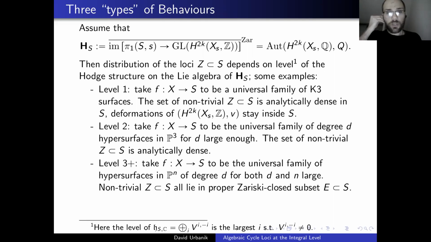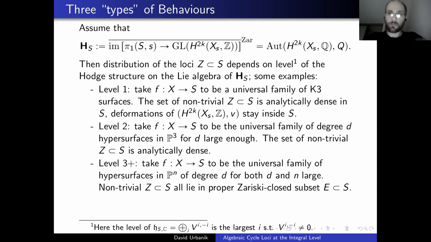And in level 3+, what will then happen is that there are, first of all, even fewer of these loci Z. And you can actually prove that all of these loci Z lie in a proper Zariski closed subset of S. So they're not analytically dense anymore, and the collection of all of them is not even Zariski dense.